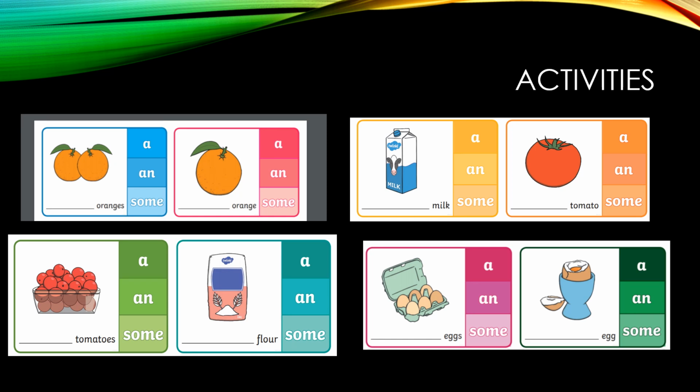So whenever your noun is in plural, we cannot use a or an. Therefore, we need to use some eggs. A egg, an egg, some egg. The answer is an egg because egg starts with a vowel.